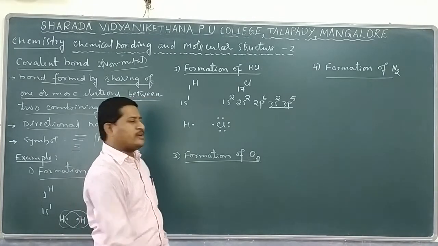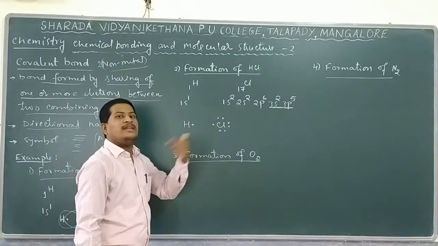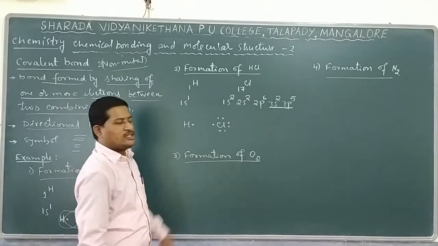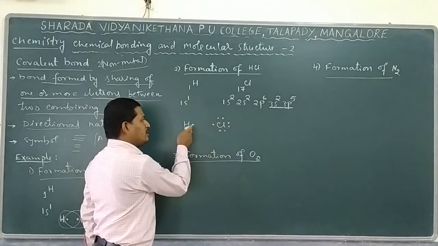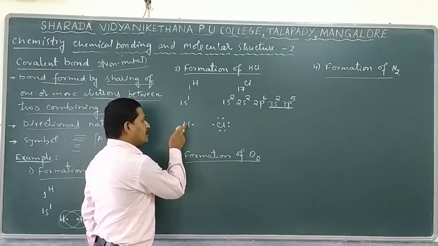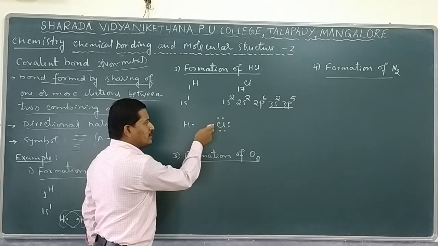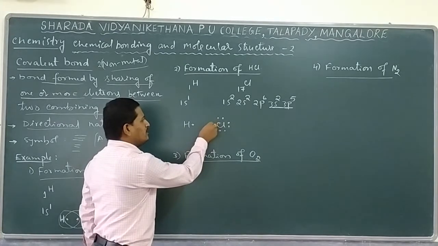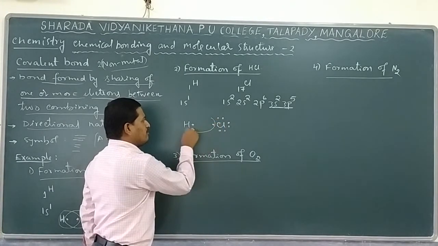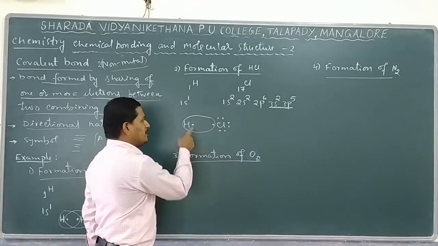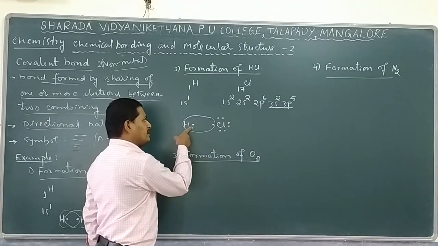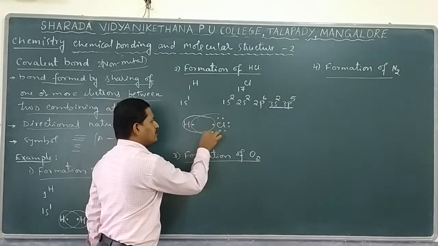If that is the situation, then what happens? Both need an electron. So chlorine shares the electron of hydrogen. Similarly, hydrogen shares one electron from chlorine. Out of 7, one electron from chlorine is shared by hydrogen. Similarly, only one electron is there in hydrogen, and that electron is shared by chlorine.